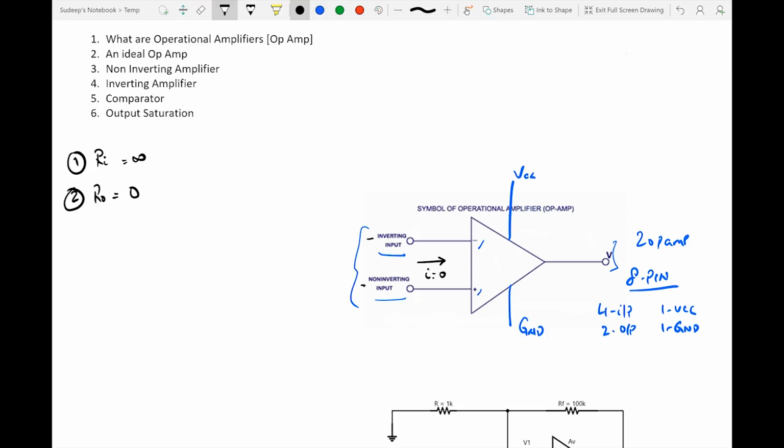The third characteristic says that the gain that we get out of an operational amplifier, AV, is infinite, which means the amplification that we get from an operational amplifier is very, very high, especially when compared to the voltages at the input and the output. This might be of the order of 10 to the power 5 times also.